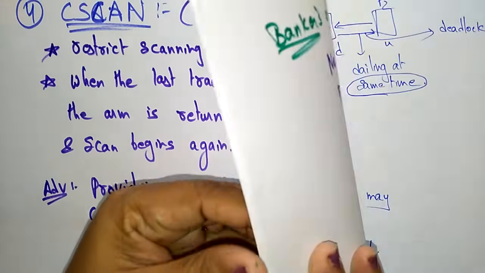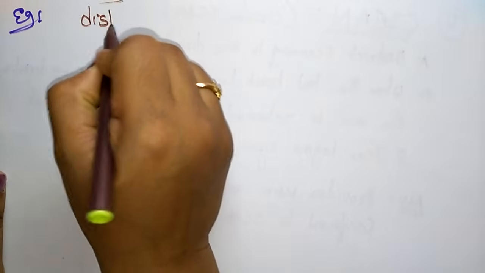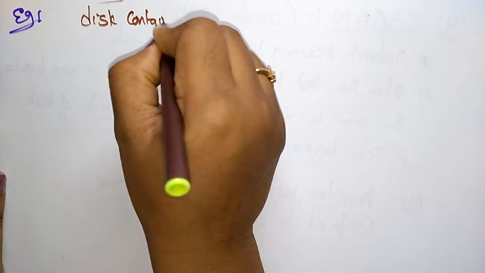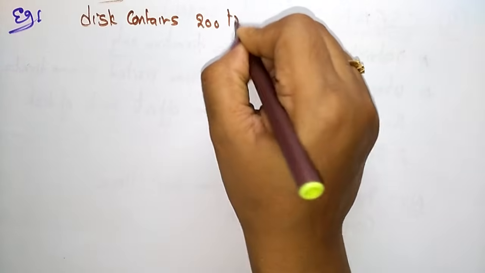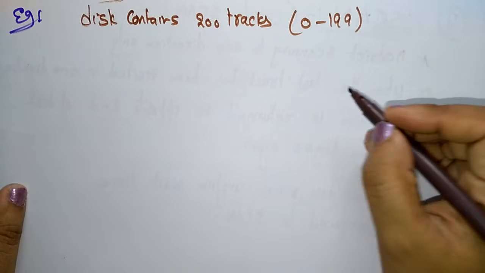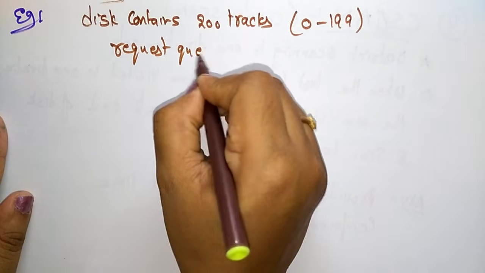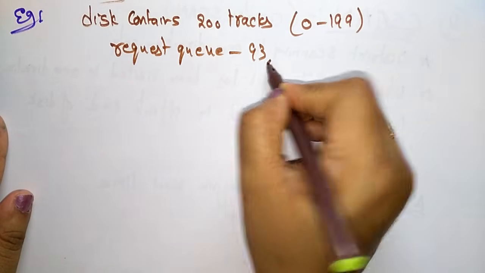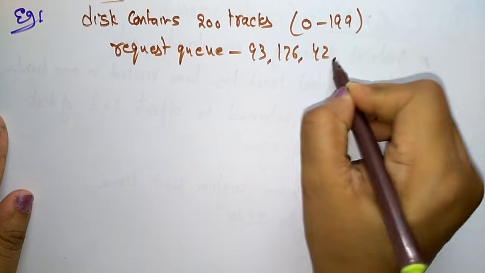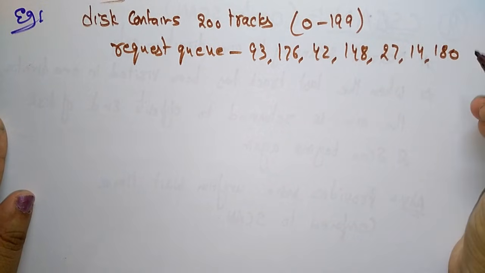Now let us take an example of how this circular scan is done. The same example: the disk contains 200 tracks, from 0 to 199, and the request queue contains the tracks 93, 176, 42, 148, 27, 14 and 180.